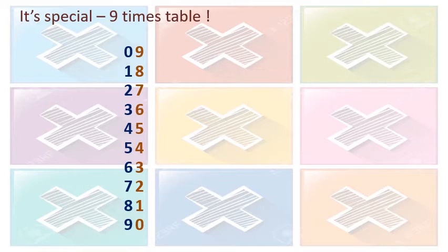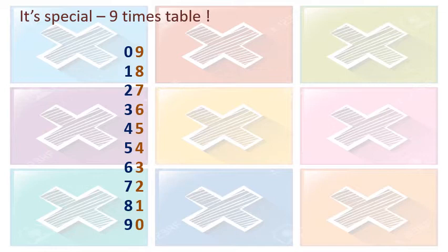Isn't it a special one? See here. We will read this. 9 ones are 9. If the 0 is on the left hand side of the number, then it has no value. Remember this. Okay. So, the first digit is 9.